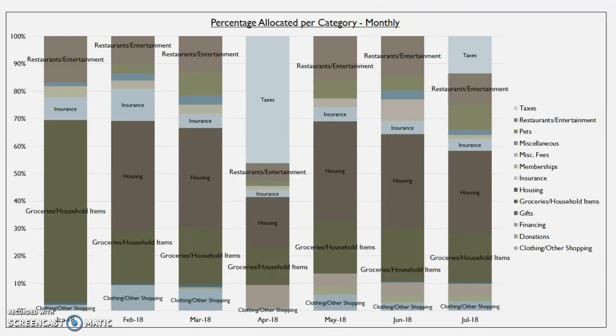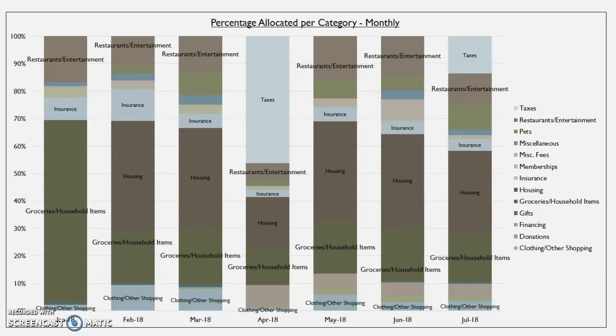So to emphasize this even more, we looked at our actual percentage allocated on a monthly basis per category. This is really just to see if there were any months where we had data that was very skewed in the grocery category that might have caused us to see such a high spending there. However, you'll see that typically we spend about the same percentage of our monthly spending on groceries every month. January does jump out.